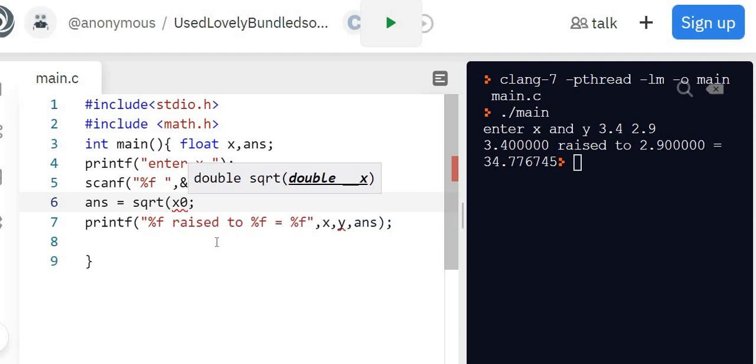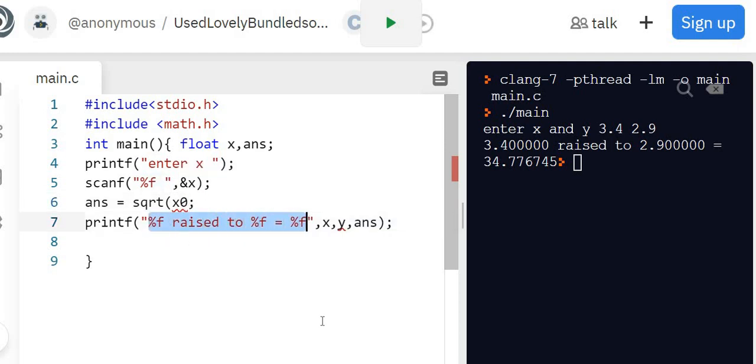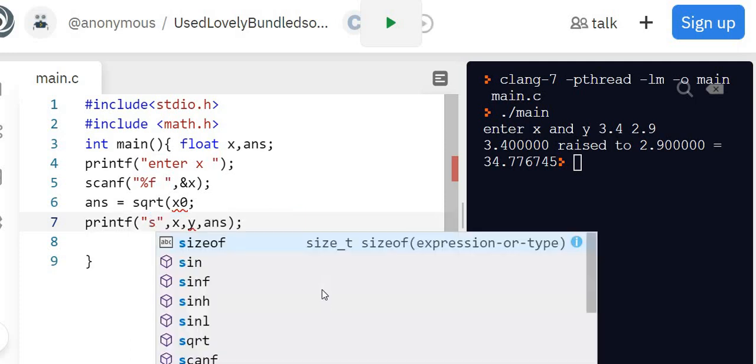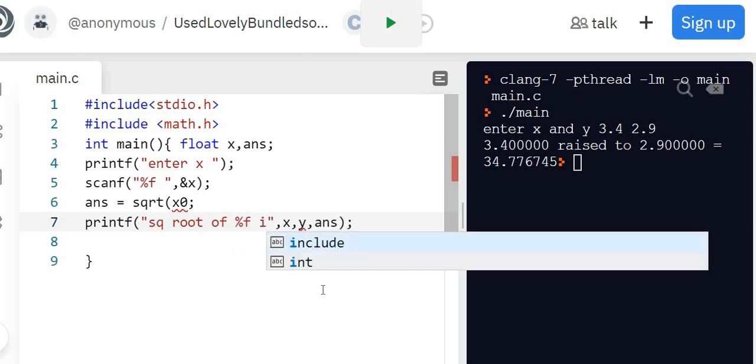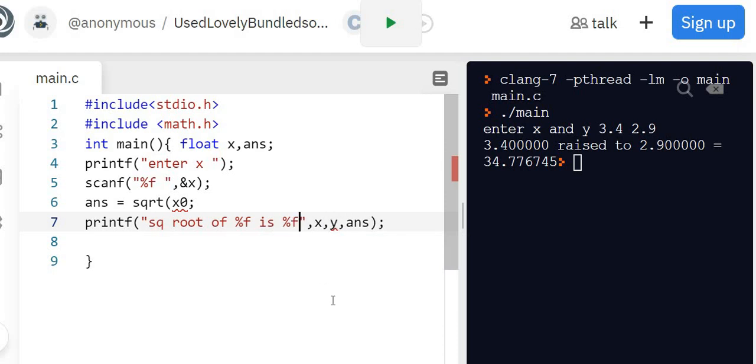That's very, very simple. So here we will write square root of percent f is percent f. Now we will give here x and the answer.